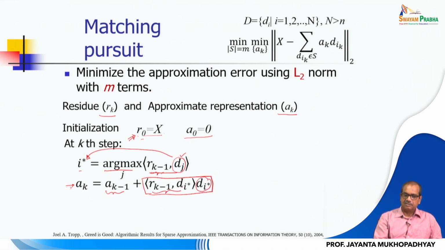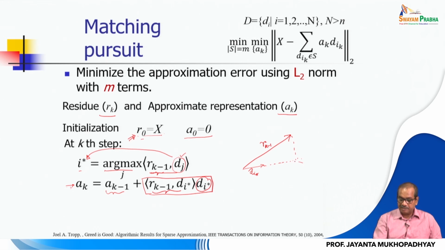Suppose this is your vector r_{k-1}, the residual vector at the kth step, and this is your unit vector di star, which has been selected for giving the maximum dot product.